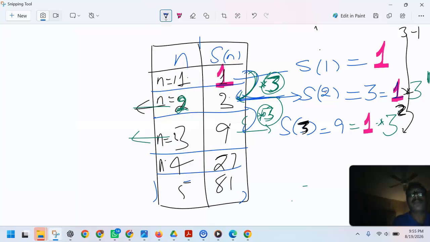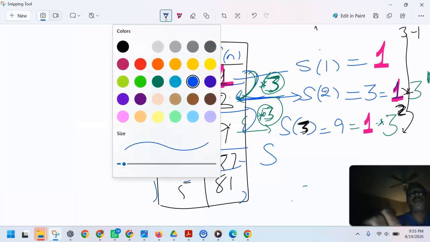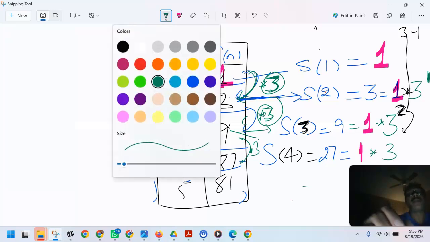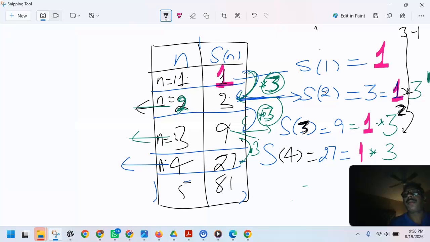Suppose n is 4; you're going to multiply one more 3, because 3 times 9 is 27. So if I put 4 here, the answer is 27, because in the beginning you had 1, and then you multiply 3 altogether 1, 2, and 3 times.